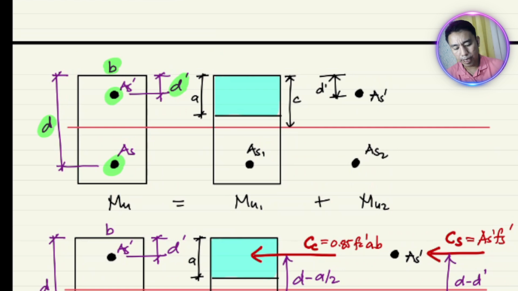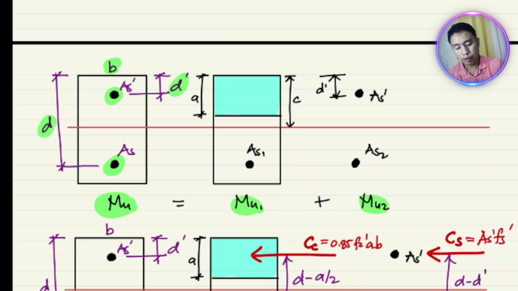So, in the stress block analysis, hatiin natin sa dalawa. Okay? Although the total couple is, we call it the Mu, or actually that's the φMn. And so the first couple can create Mu1, the second is Mu2. Okay?